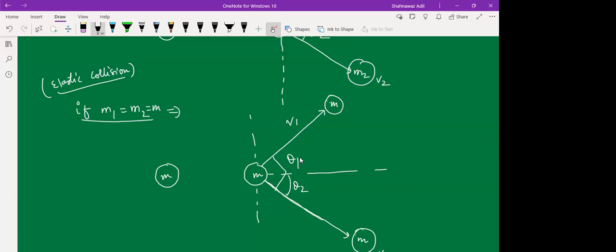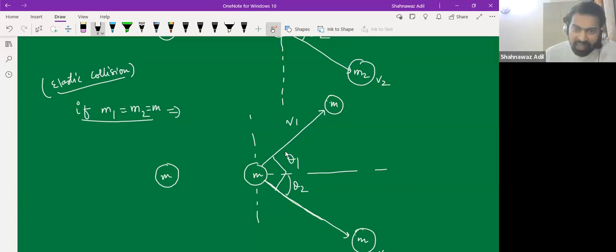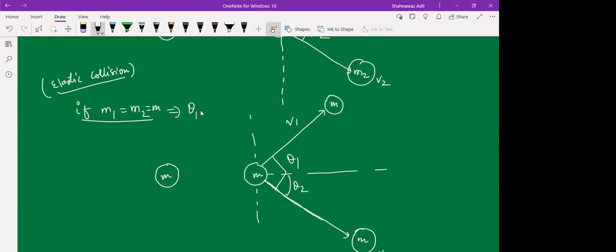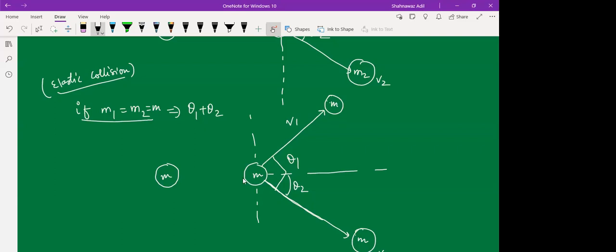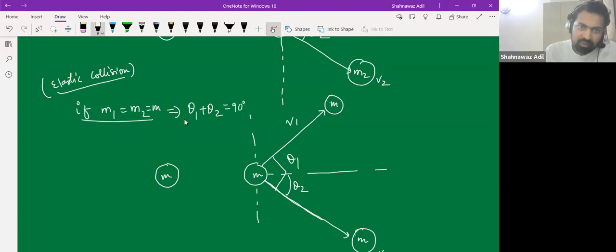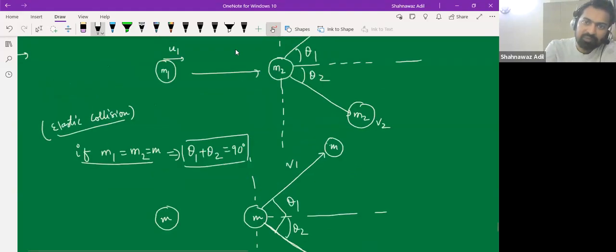M1V1 is perpendicular to M2V2. We are talking about the angle, right? So theta 1 plus theta 2 would be how much? 90 degrees, right? So this we have to show. Is this part clear, everyone?